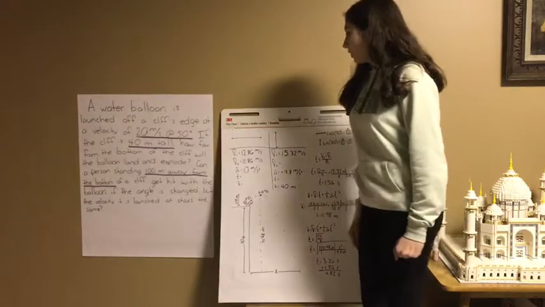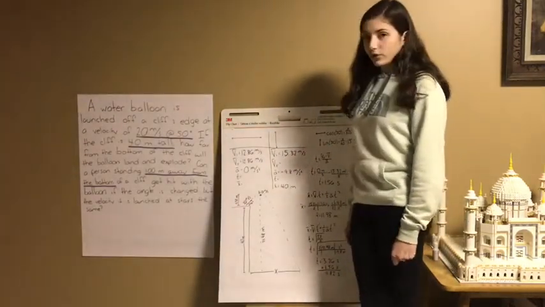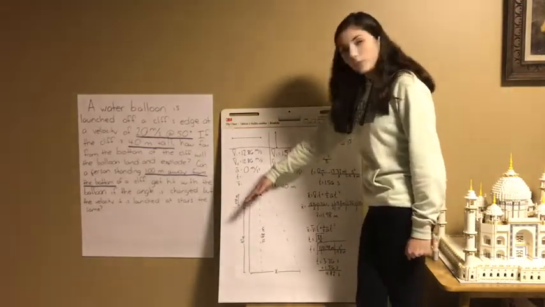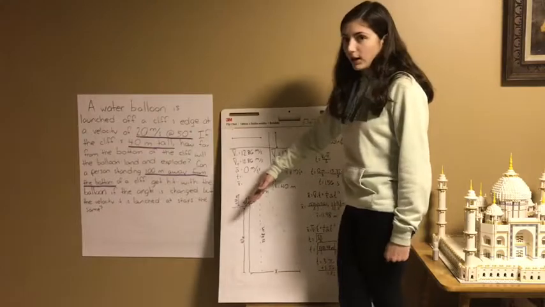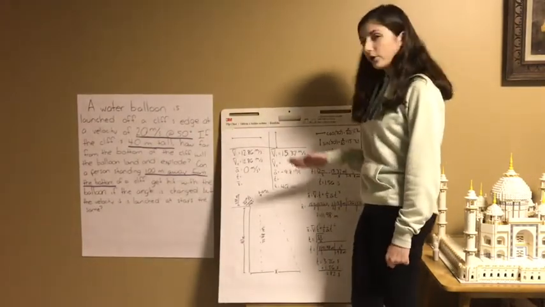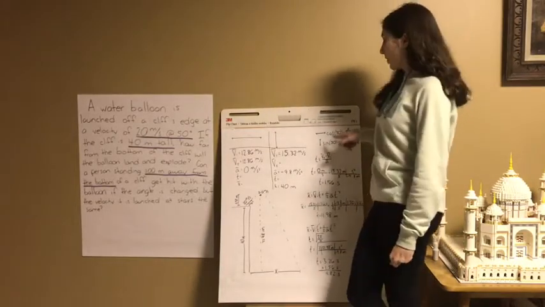The next thing we're going to do is make a chart showing the horizontal and vertical components of the problem. We know it's going 20 meters per second at a slant. To find the horizontal velocity, all we have to do is use a trigonometric function.